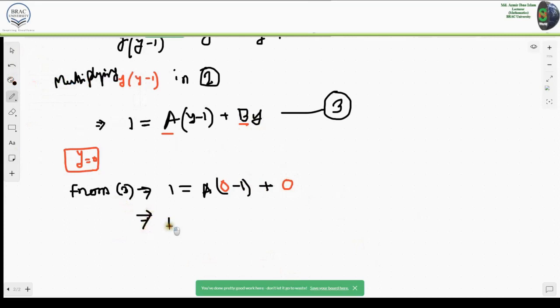So 1 equal to negative a. So the value of a is equal to negative 1. So we have found the first constant.